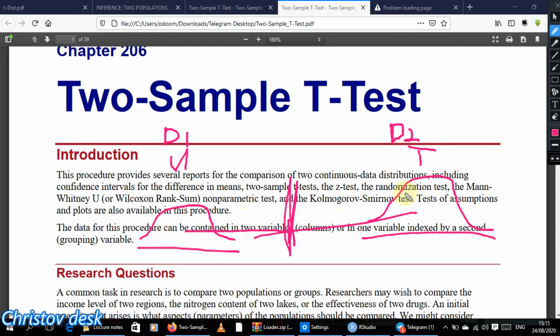In statistics, instead of saying we are testing the distributions, we go ahead and test the means. We say this has mean 1, and this is the mean for distribution 2. We try to see whether the mean of distribution 1 is the same as the mean of distribution 2, because we believe that if the means are the same, then the distributions should be the same.